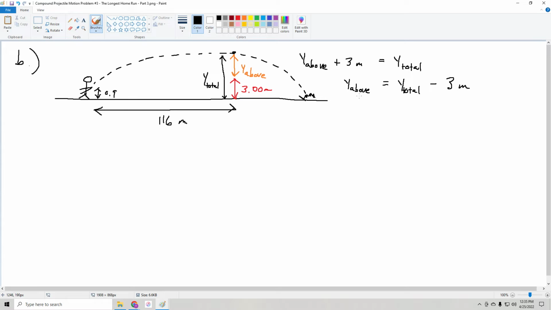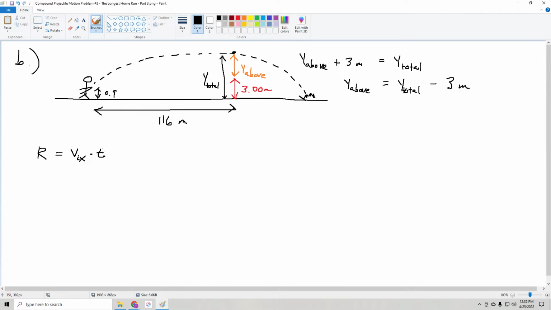What can we do to solve for the total height at that particular range? Well, since they gave us the range, we can use this range equation: x is equal to the initial x component times t.